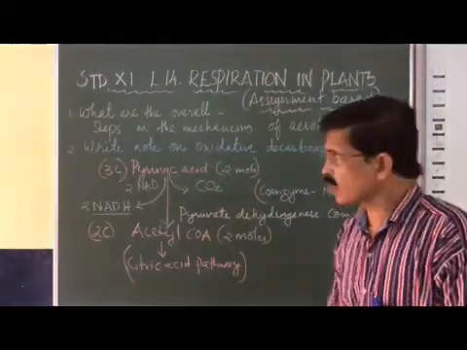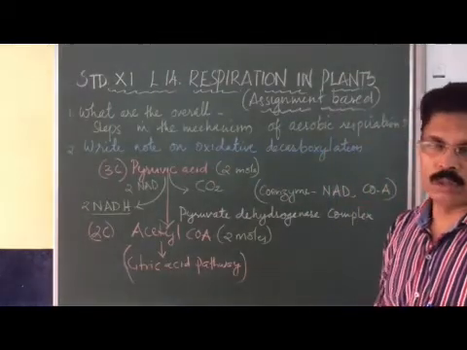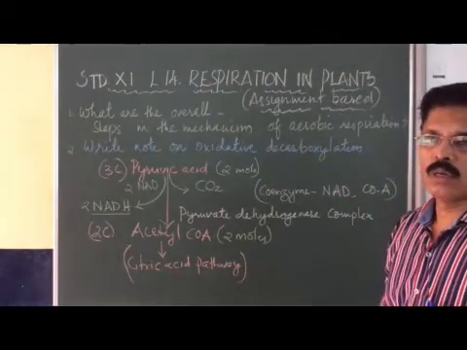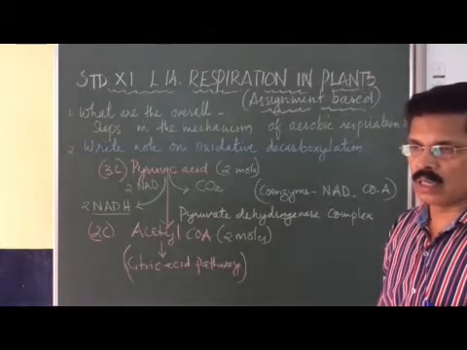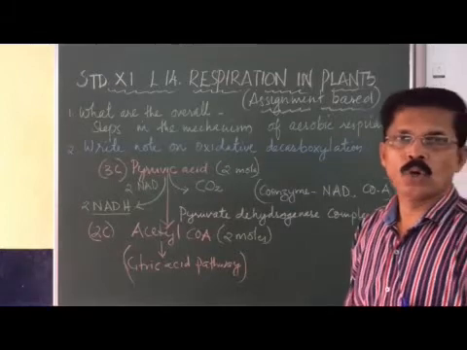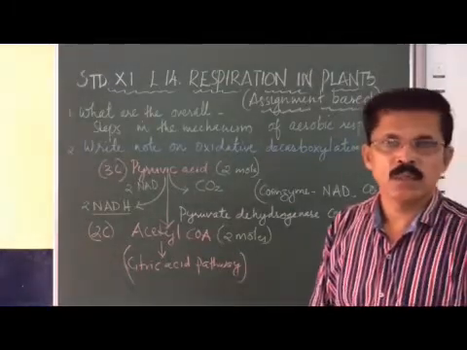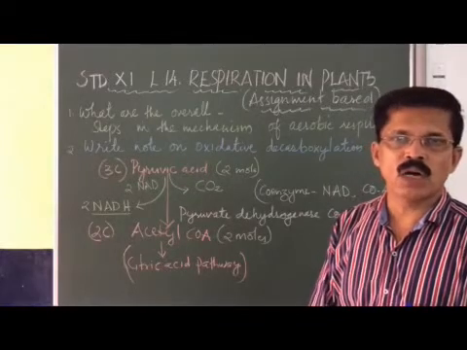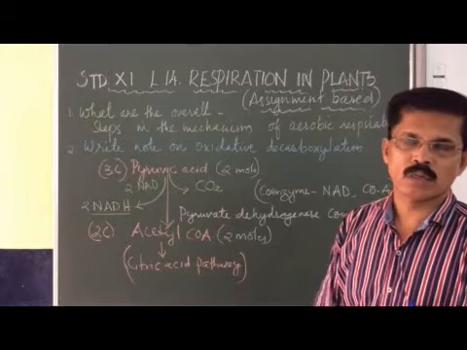Today we know that aerobic respiration is a process by which oxygen is used up in breaking down pyruvic acid into carbon dioxide, water and energy in the mitochondria of the cell.